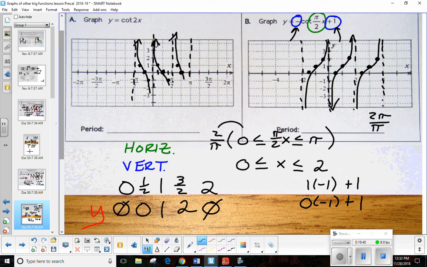How are we doing? Now remember, for tangent and cotangent, the compound inequalities are a little different, with the lower and the upper boundaries, but the process stays the same. Nothing about it changes.